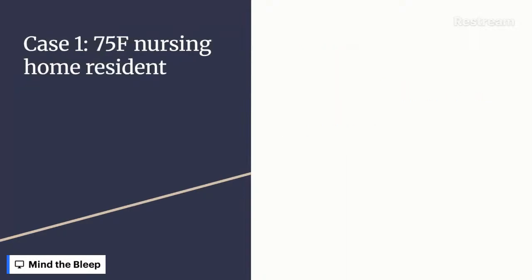Move on. Case 1, you've got a 75-year-old female who's a nursing home resident. You're working in A&E, and the nursing home have called an ambulance for her. You're given the history of the presenting complaint, so she's been well recently.